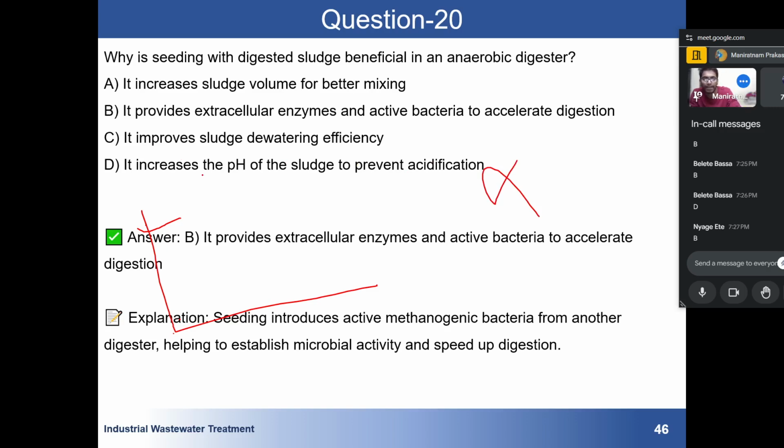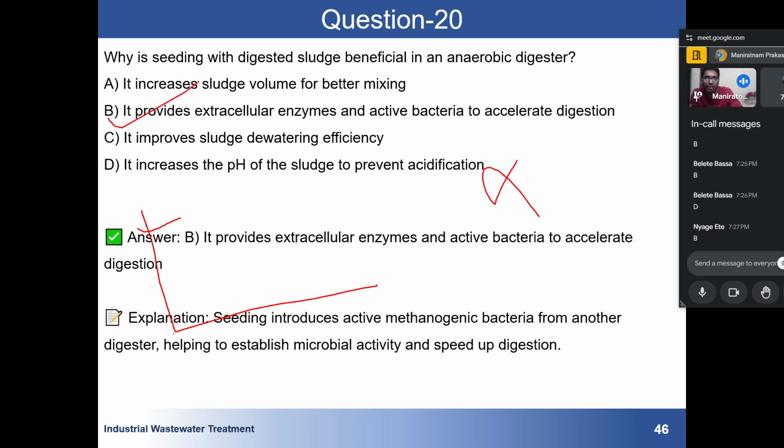The pH range, we know, is circumneutral, and adding digested sludge won't cause any increase or decrease. It will be in the neutral range. The main thing you have to see is that if there are active bacteria, they will start consuming the carbon as soon as they are added in the digester. The correct answer is B.